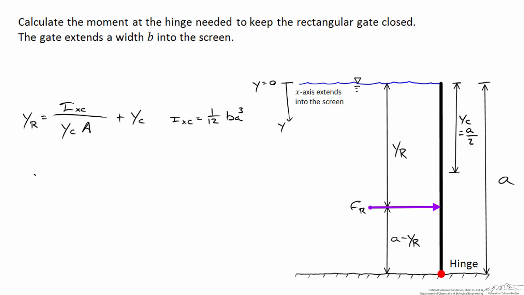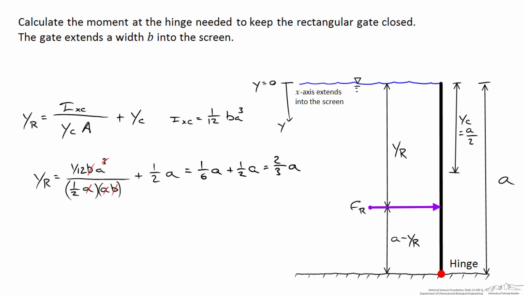So if I plug in, I've got yr is equal to 1/12 ba cubed, divided by 1/2 a, yc, the centroid, times the area, which is a times b, plus 1/2 a. And if I simplify this, the b's cancel out, and I've got a in the numerator, and this equals 1/6 times a plus 1/2 a, and that's equal to 2/3 a.